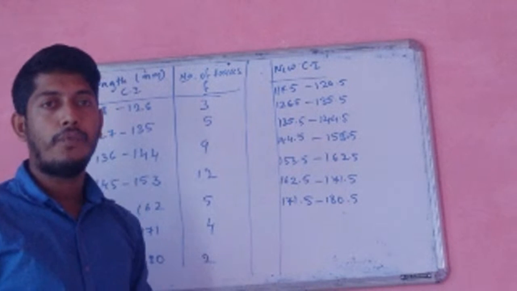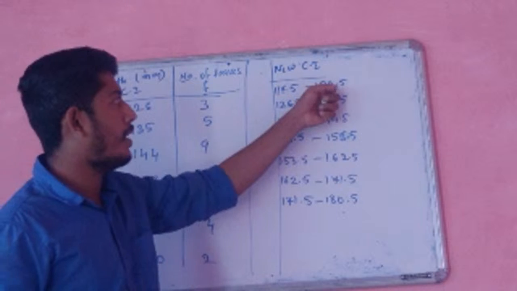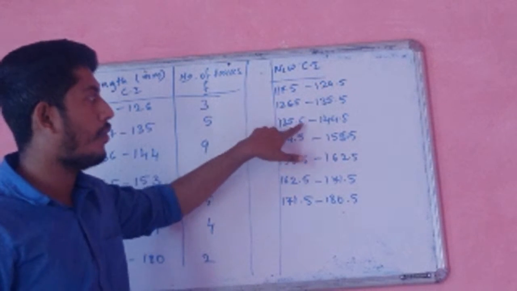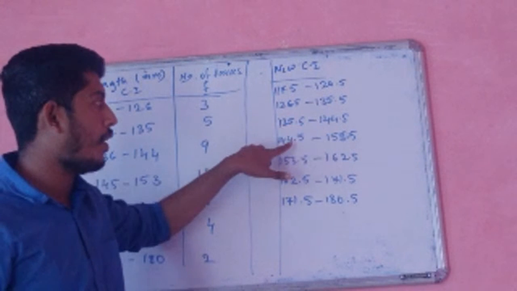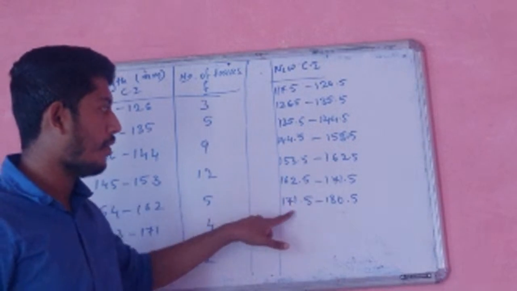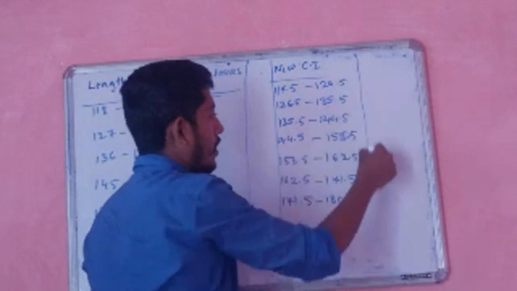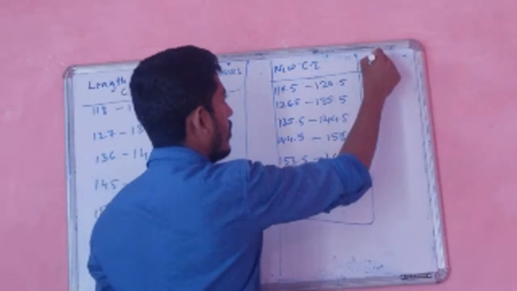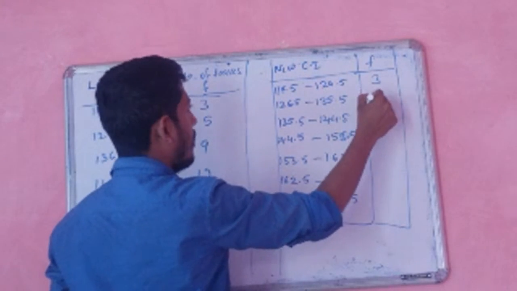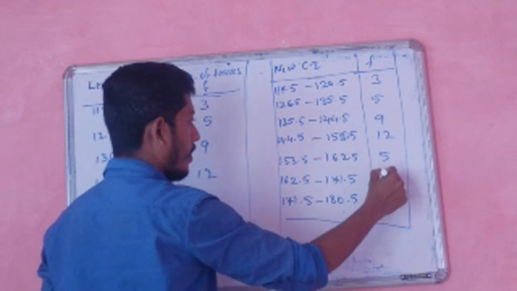The upper limit of the first class interval is the same as the lower limit of the next class interval: 126.5, 126.5, 135.5, 135.5, 144.5, 144.5, and so on up to 171.5. Next, the frequency remains the same: 3, 5, 9, 12, 5, 4.